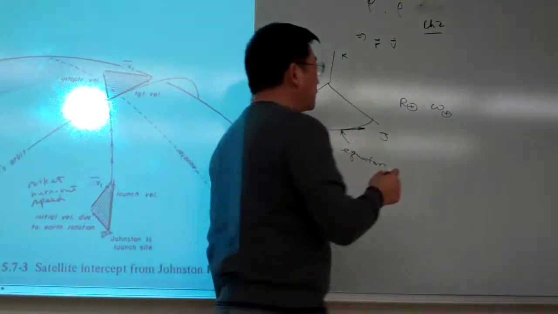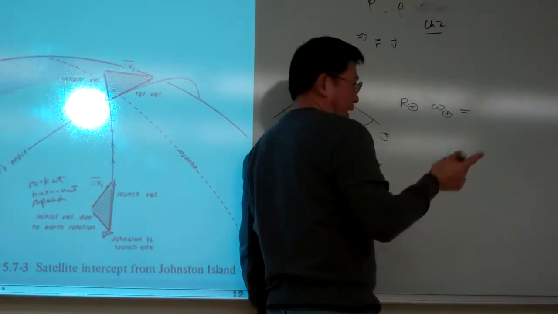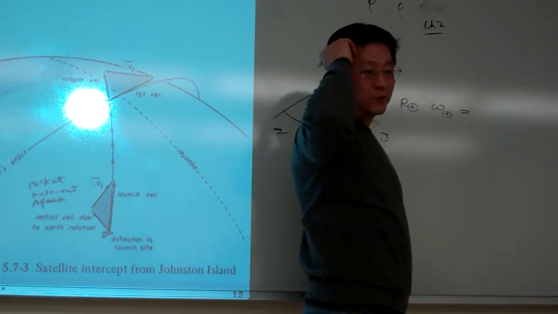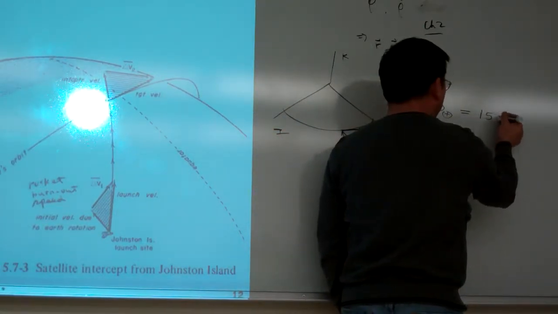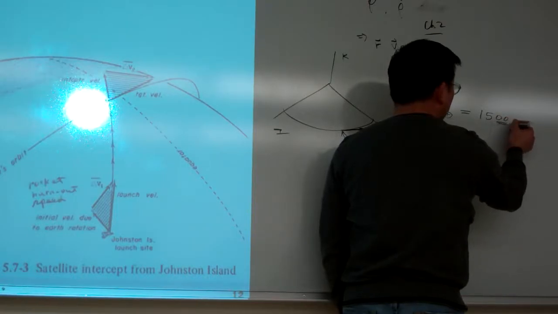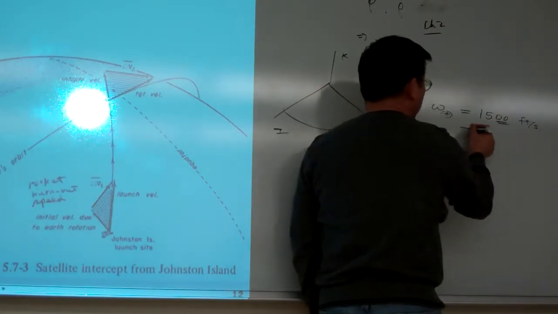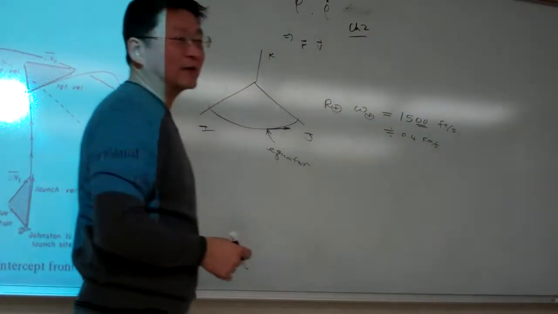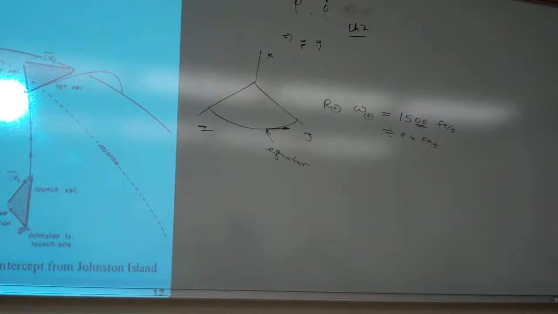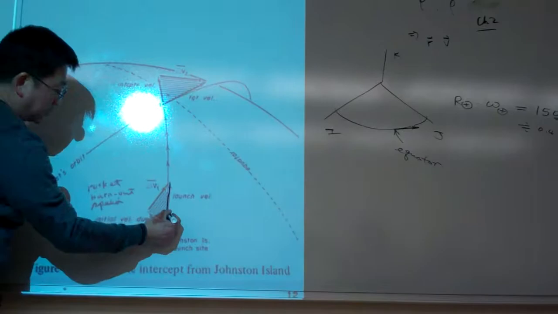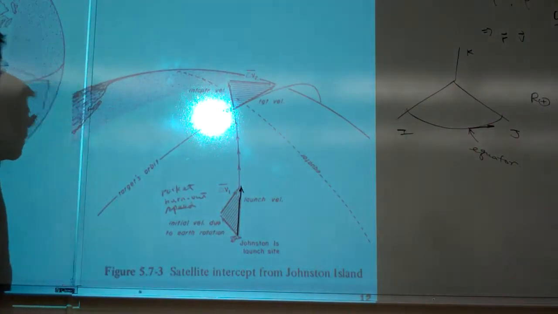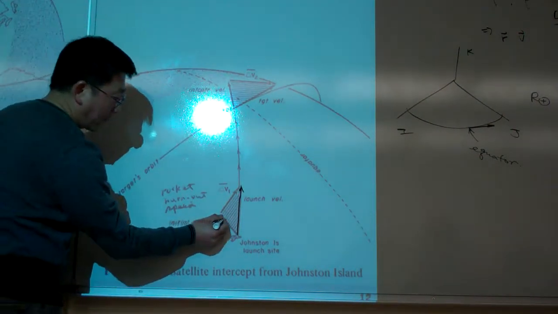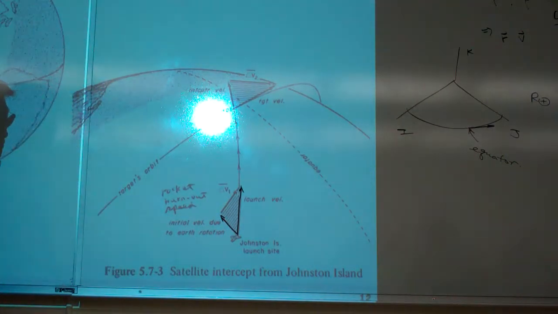If we do that calculation, I think in our textbook it is about 15 something feet per second, which is almost 0.4 kilometers per second. That is very fast. But anyhow, this is our calculated needed launching speed, and part of it can be provided by the surface speed of the Earth's rotation at the launching site.